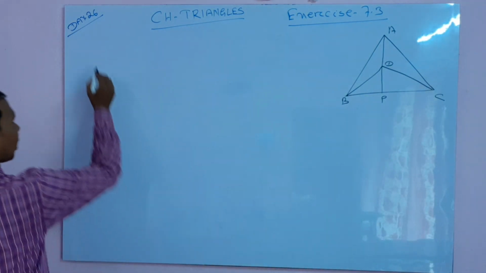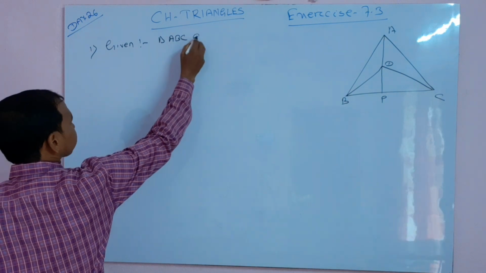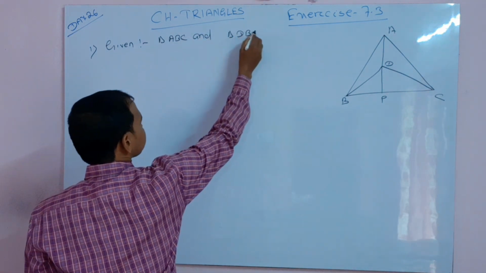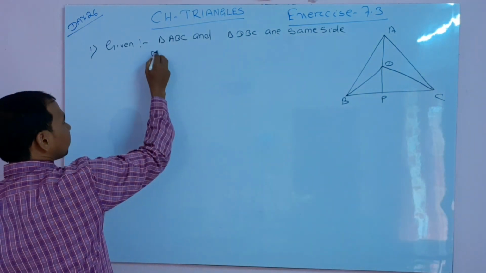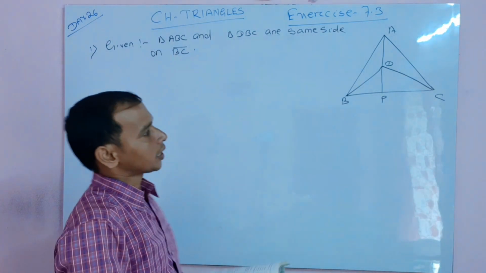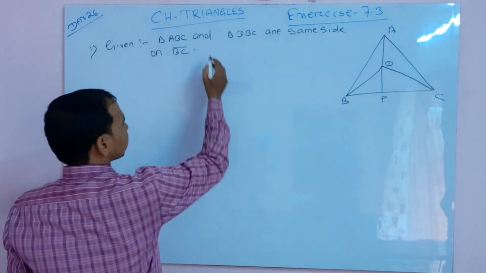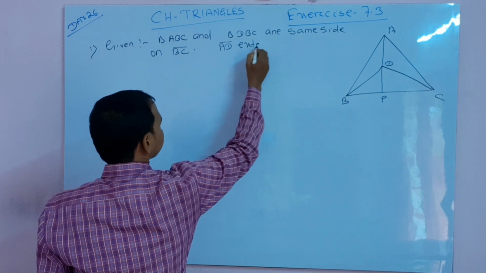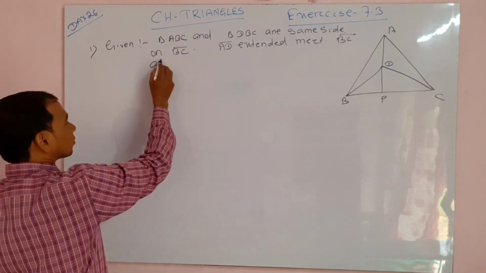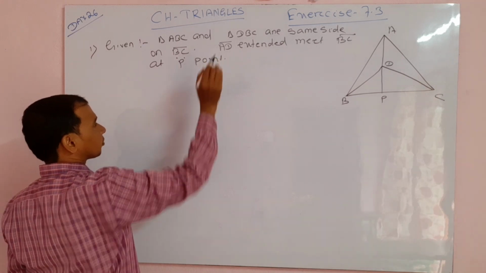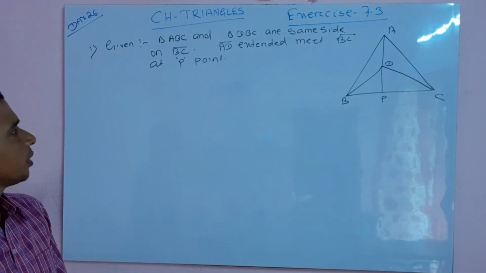First you write here Given: triangle ABC and triangle DBC are on the same side of BC. AD extended meets BC at point P.